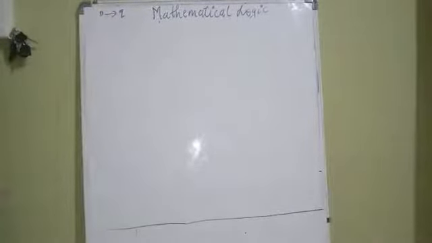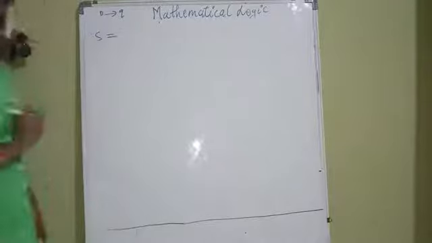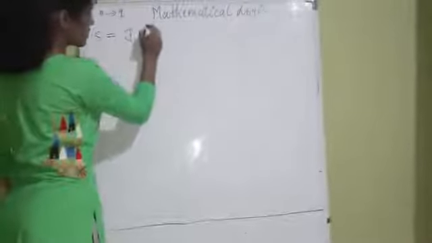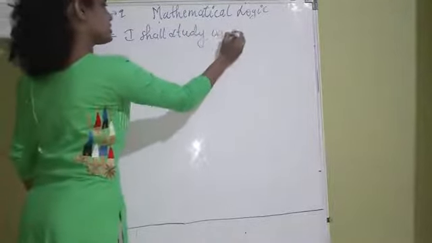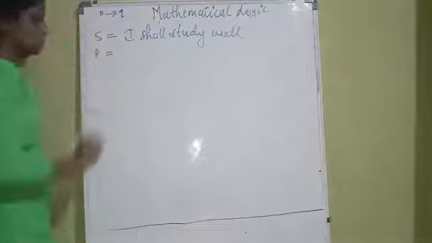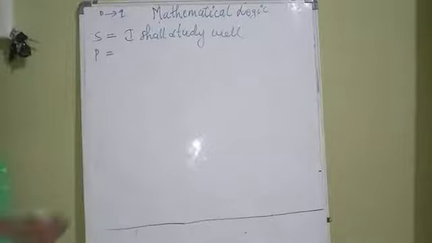Okay. Now see here, next example. So denoting that, I shall study well, we will denote this by S. S is equal to I shall study well. And the next statement we will consider, we denote by P, and that statement is I shall pass.